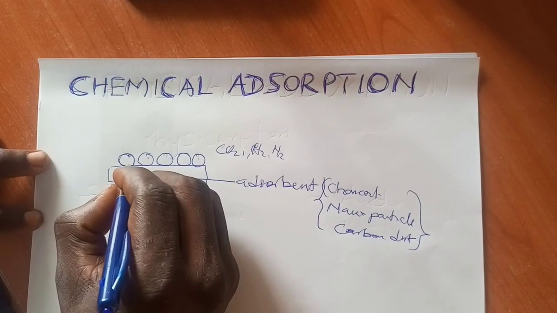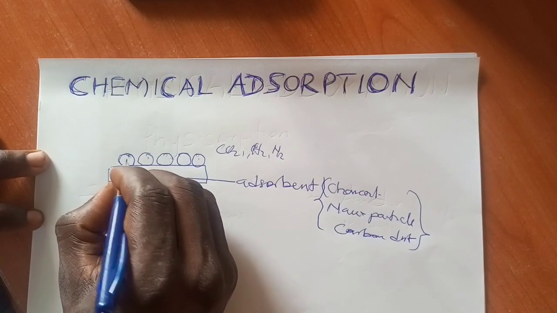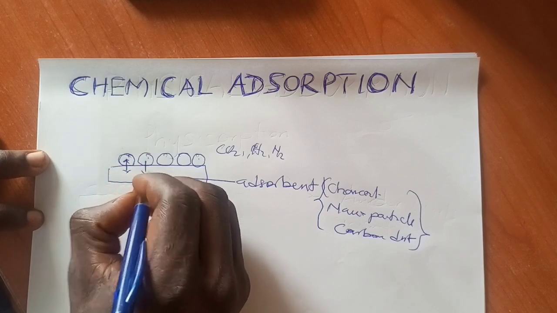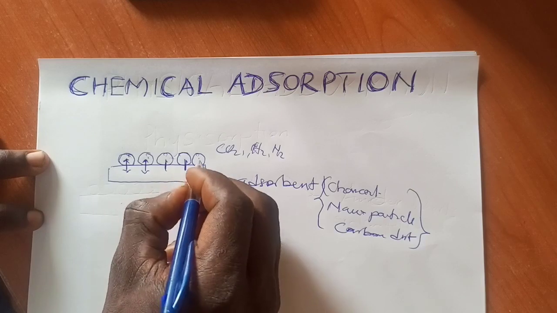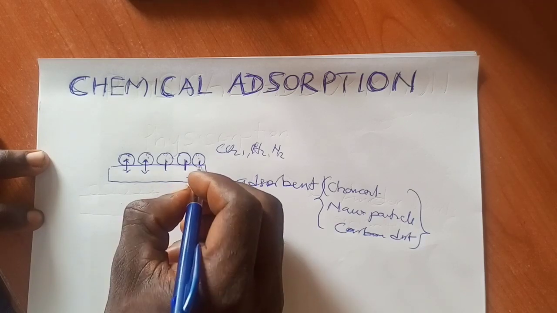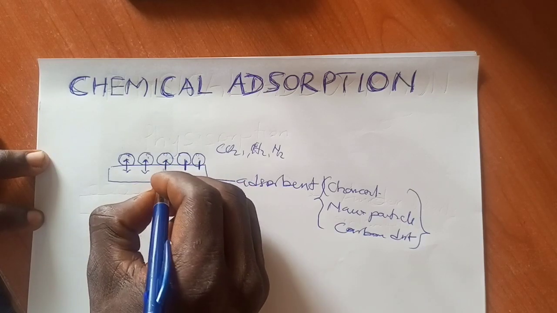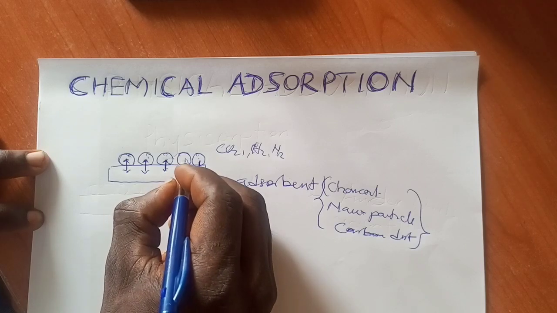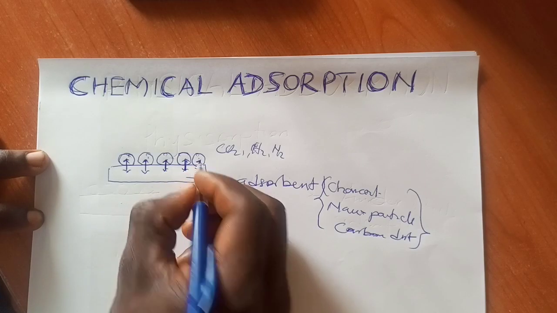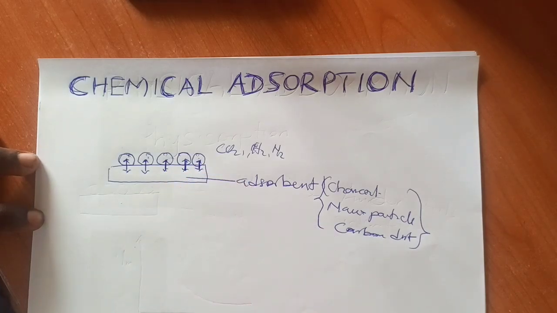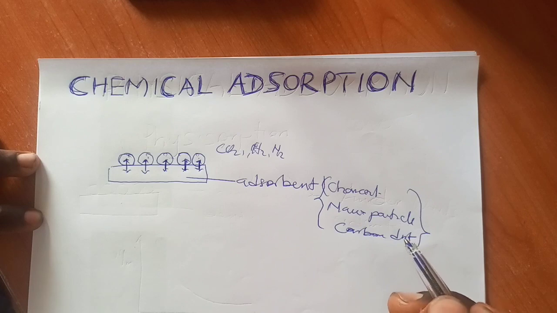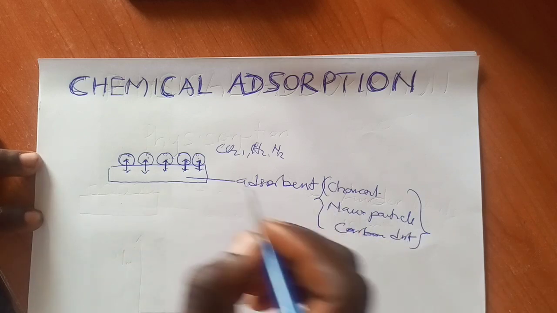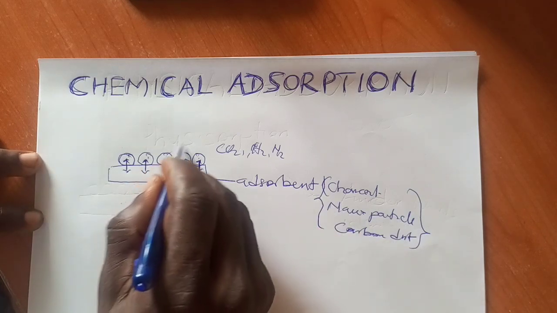That means a bond will actually be formed here. This bond is a strong bond, and it has formed. This is chemical adsorption. If they want you to differentiate by diagram, you are required to sketch option a, chemisorption, but you must give names.